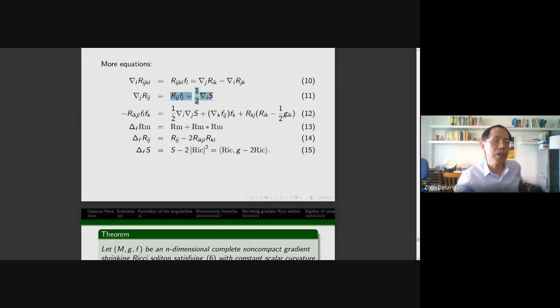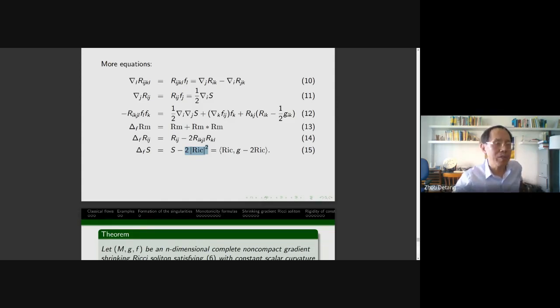So you have a second equation. And when S is constant, this one is 0 and this one is constant, so you have the norm of Ricci squared constant.